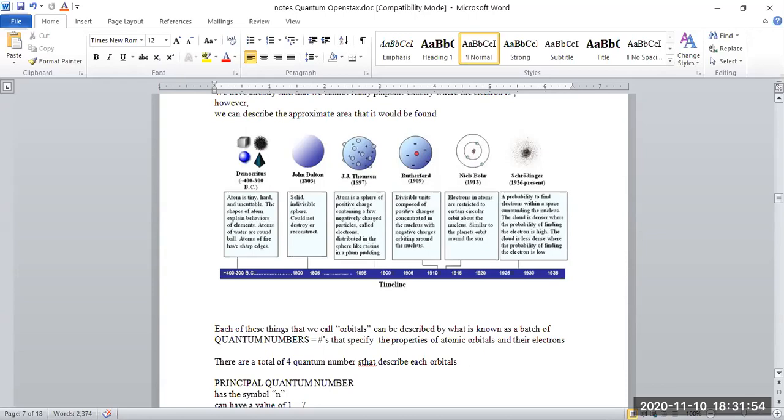So the latter portion of this chapter focuses on how to describe the areas where electrons are likely to be and the patterns that we can organize those areas, which are called the Aufbau. Nice little German word there.